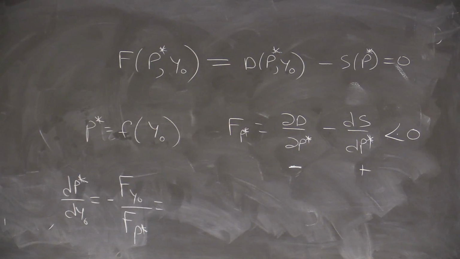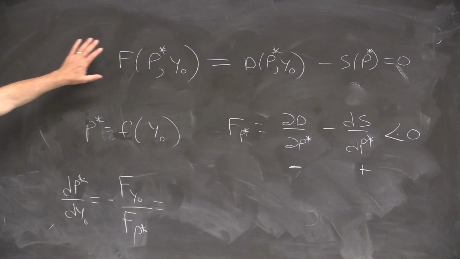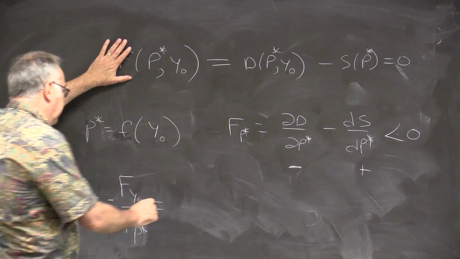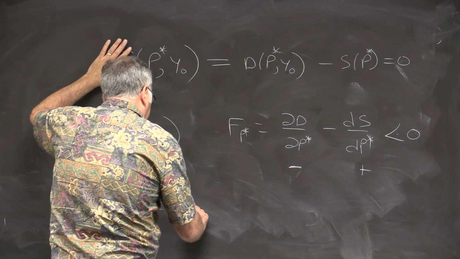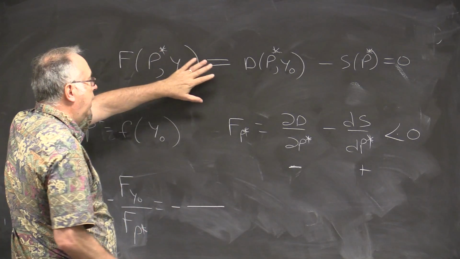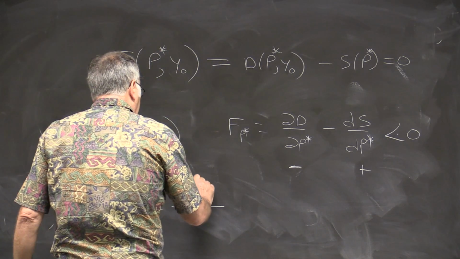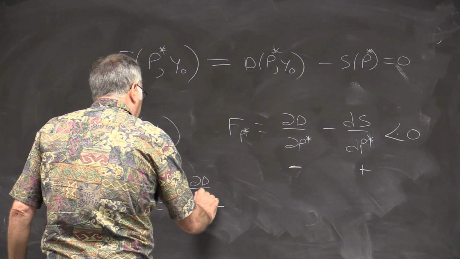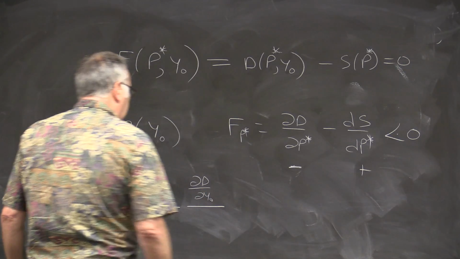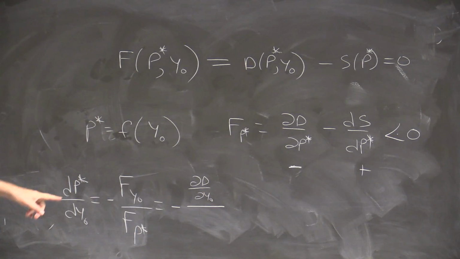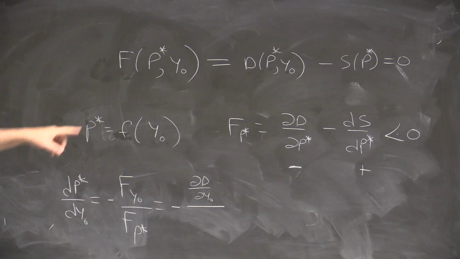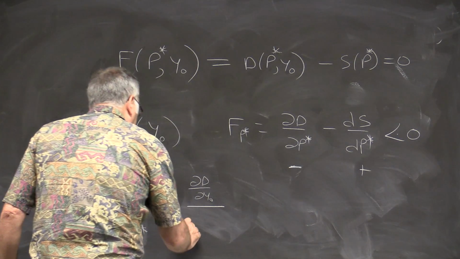And f sub y sub 0, if you go back to this equation, is just partial D, partial y sub 0. f sub P star, we just found by substituting down here.